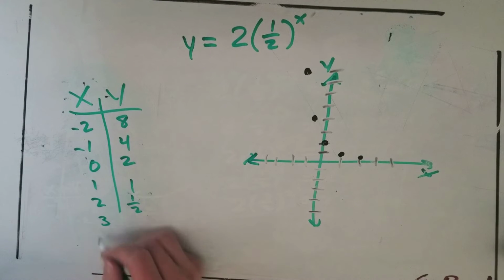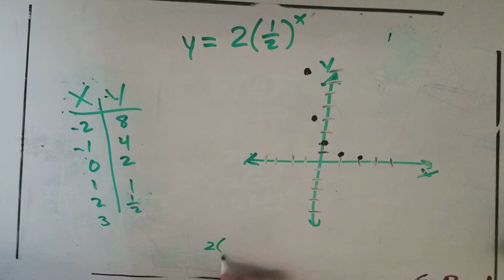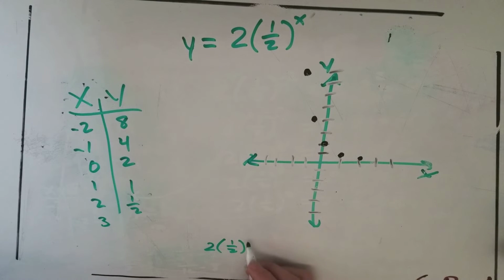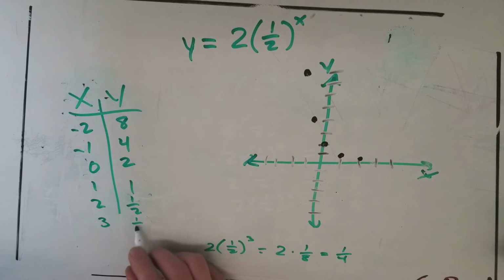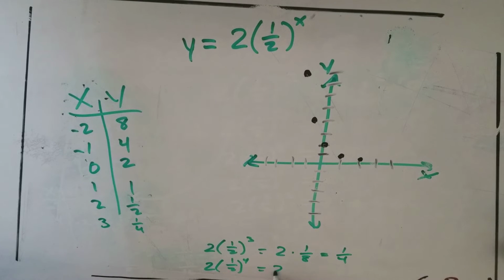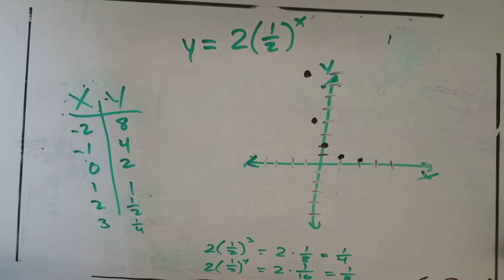If we were to continue this, you might see a pattern going on. If you were to go to the third power, 2 times 1/2 to the third would be 2 times 1/8, which is equal to our 1/4 here. If you were to continue, 2 times 1/2 to the 4th equals 2 times 1/16, which is 1/8.